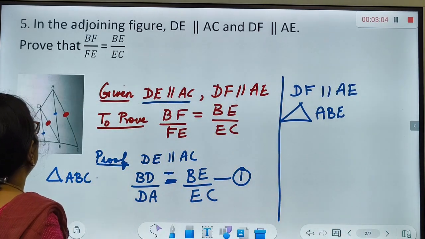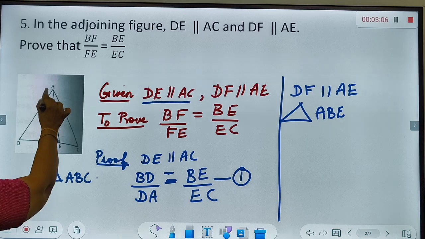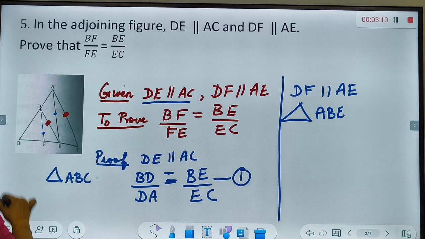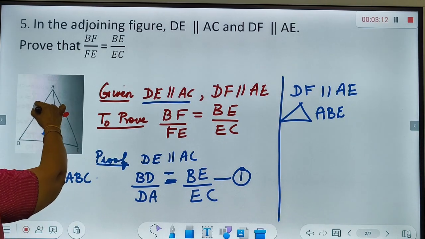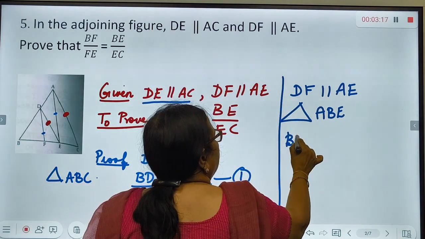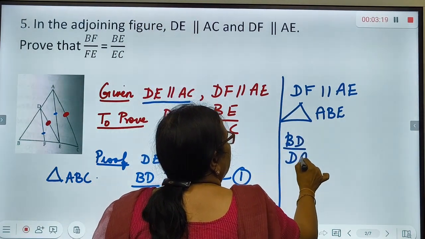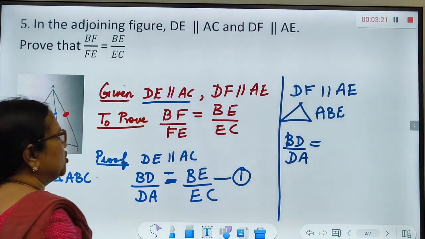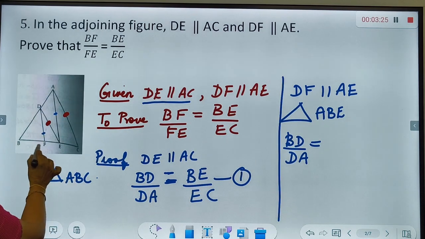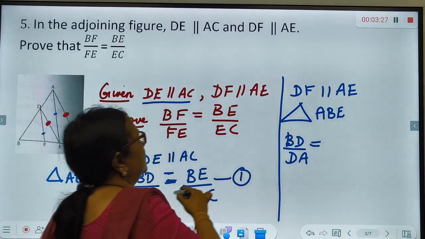Now, in triangle ABE, you have DF parallel to AE. So, what will be BD by DA? By basic proportionality theorem, BD by DA will be equal to BF by FE.